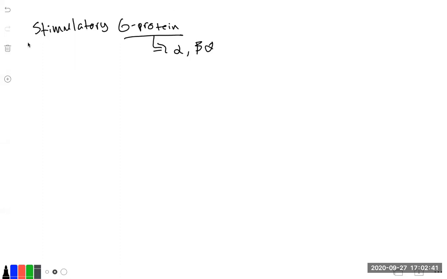Oh, that looks a lot like an alpha, so let's fix that. There we go. Gamma subunit. So let's see what a stimulatory G protein does in a cell.